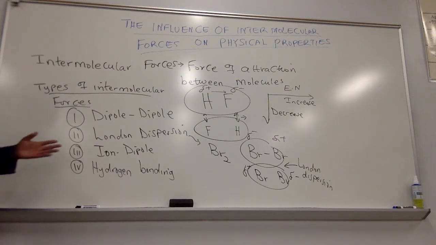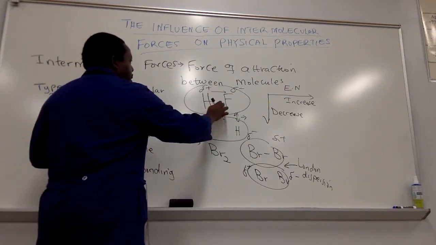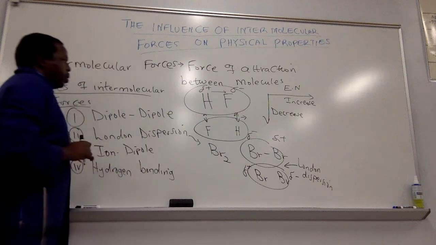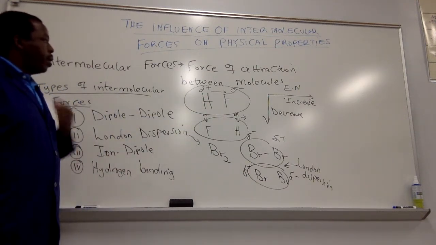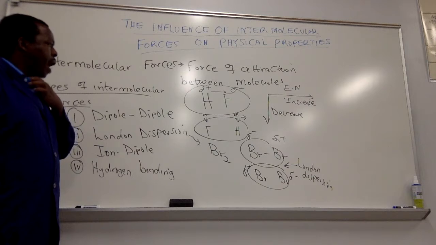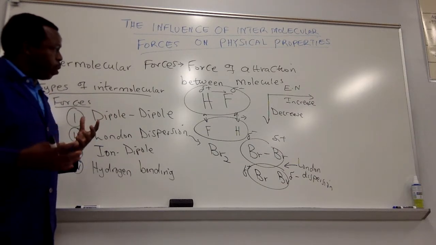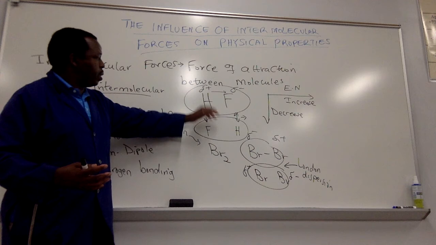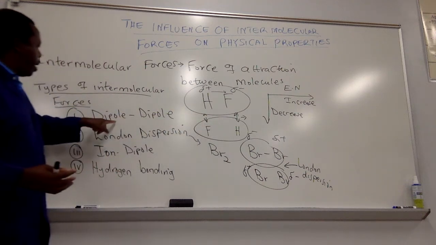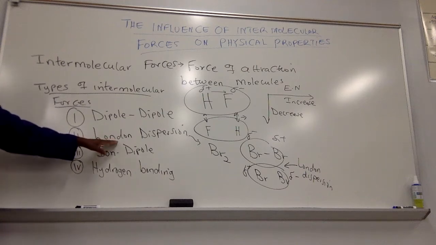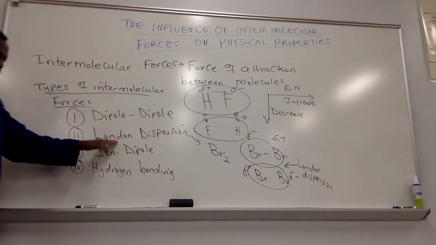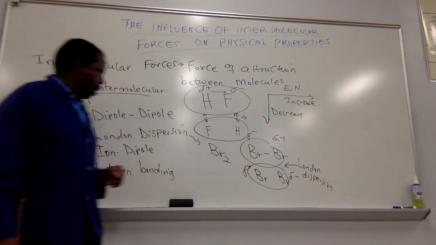So if I know that fluorine is on that side of the periodic table, it's more electronegative than hydrogen. We say that the molecule is polar, and if I have a neighboring molecule, we say that is dipole-dipole force of interaction. Whereas London dispersion exists in all atoms, due to the delocalization of electrons.